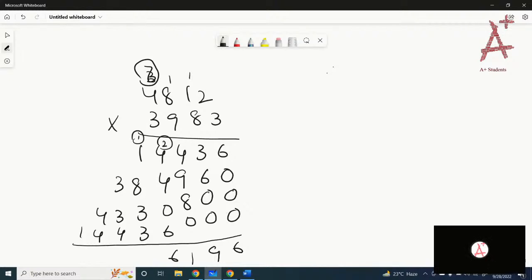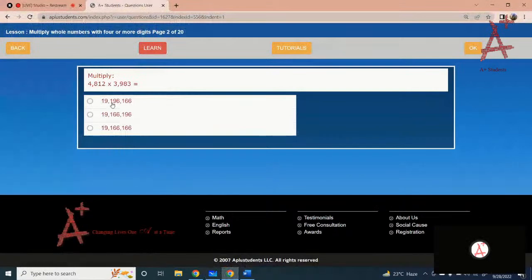Then you have 8 plus 2 10 plus 3 plus 3 16, 6, 1 carry and 4 plus 3 plus 3 plus 1 and it makes 11, 1 and 1 carry. 4 plus 4 is 8 and 1 9 and 1. So you have the answer, that is 19166. So select the correct option, 19166. That's the correct option and click on the OK button.